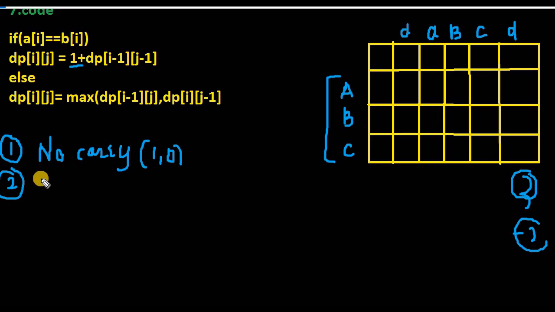The second condition is the initial case, or the base case. Rather than writing initial, I should have written base case, but that's okay. In the last problem, we saw that we initialized all values in the first row and first column to 0, because if both strings were null, that meant no subsequence was found. However, this is not the case here.